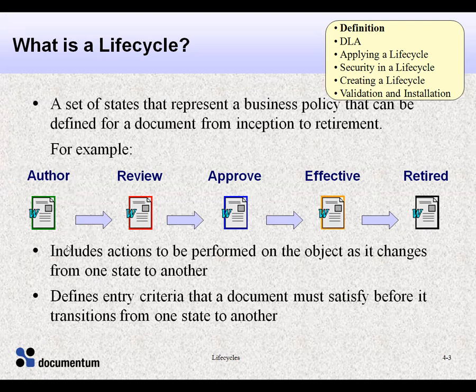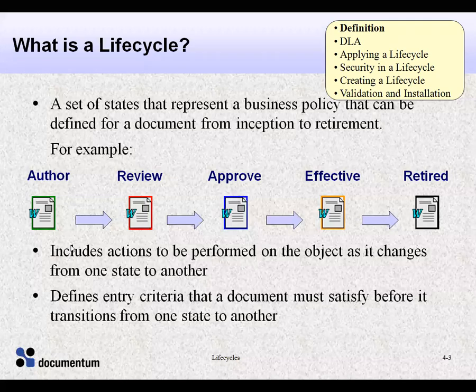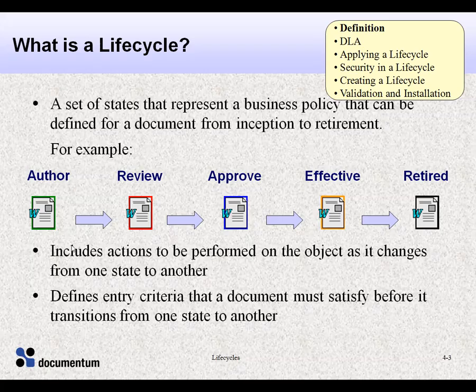It could be custom. It is not like in Documentum there is only one life cycle. As per your requirement or the business requirement, you could have multiple life cycles. The admin department has a different life cycle for its documents, similar to the HR department. For example, candidate hiring has a different life cycle, or invoice approval could have a different life cycle.